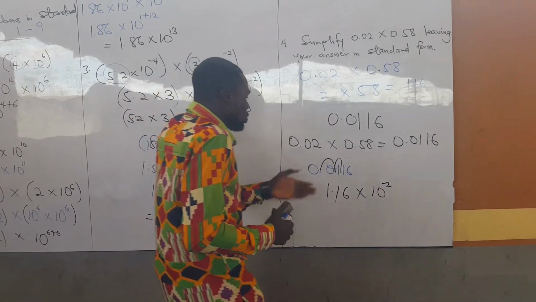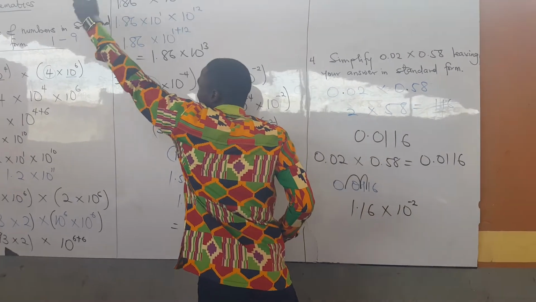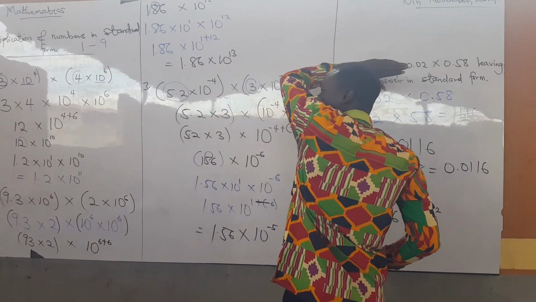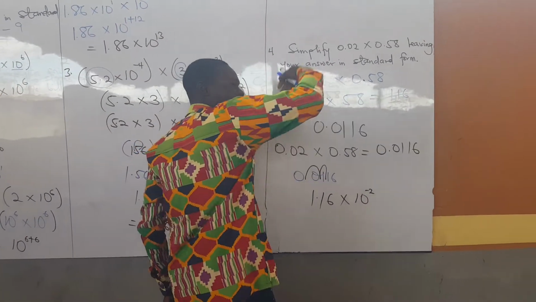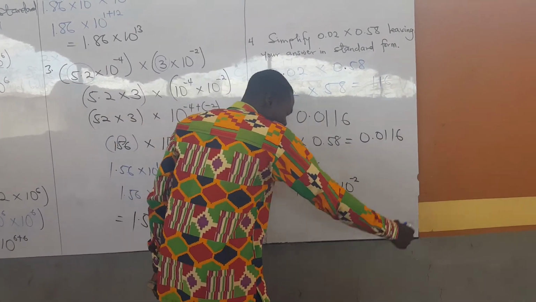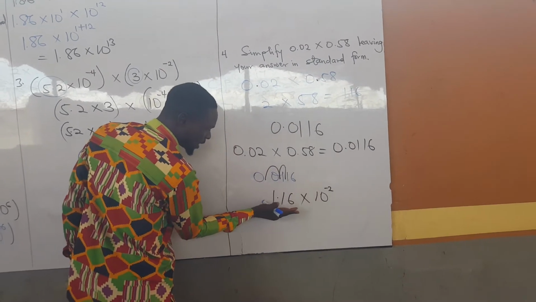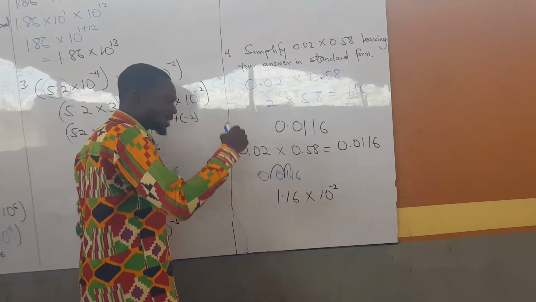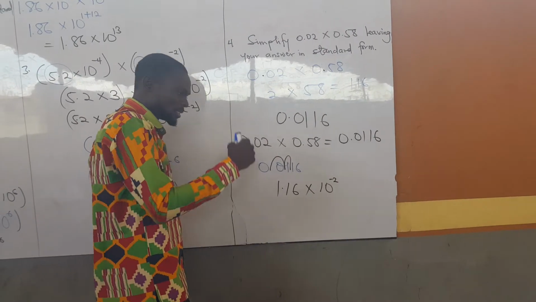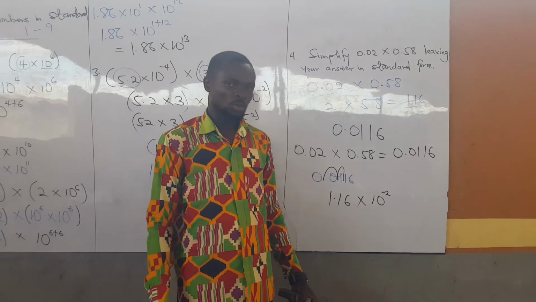But if the movement was done to the left, just like the previous one, we had a positive. If it is done to the right, then it's going to be negative. So the answer for this in standard form is going to be 1.16 times 10 raised to the power negative 2.